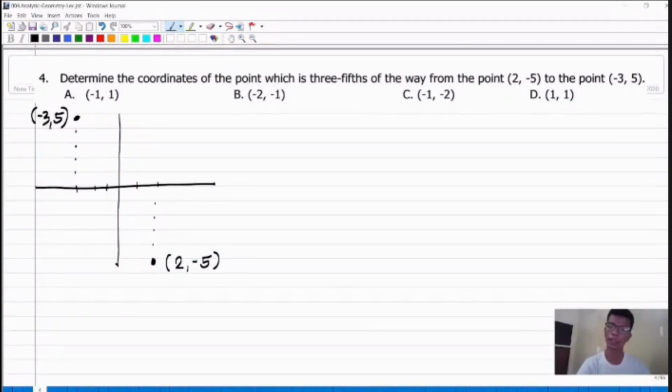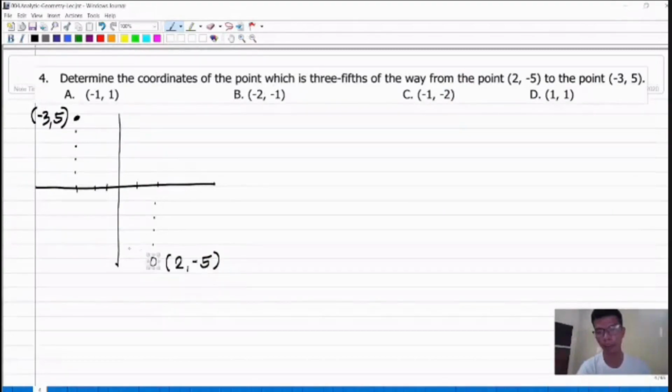Determine the coordinates of the point which is 3/5 of the way from (2, -5). So, meron tayong weight, di ba? Kung i-connect natin ang ating line, sabi diyan, the line is traveling from the point (2, -5) papunta kay (-3, 5).